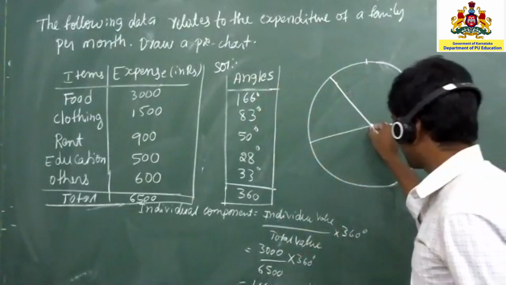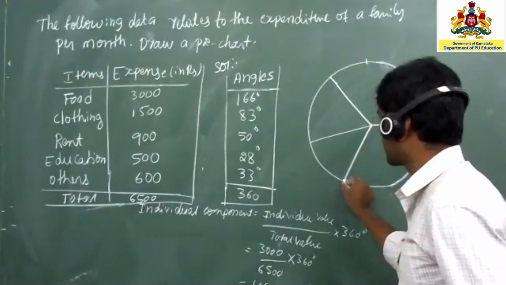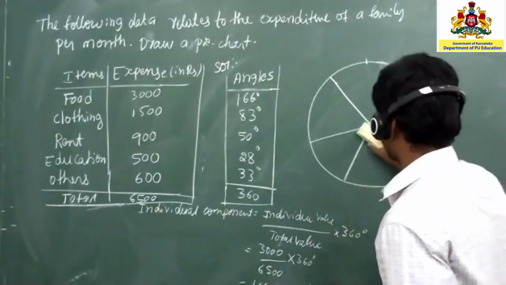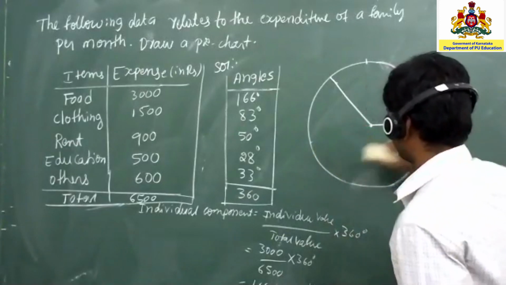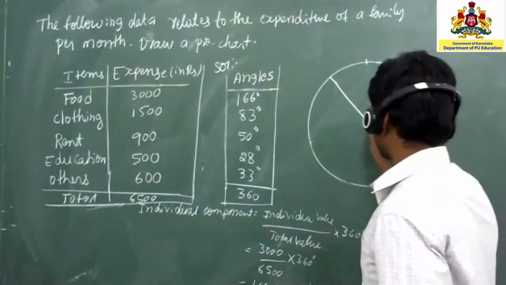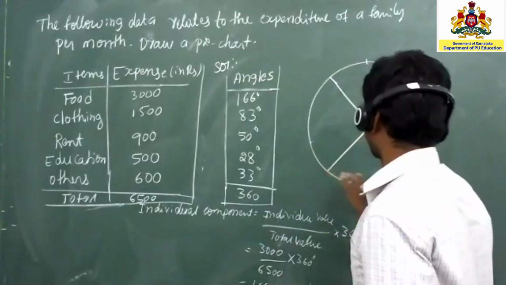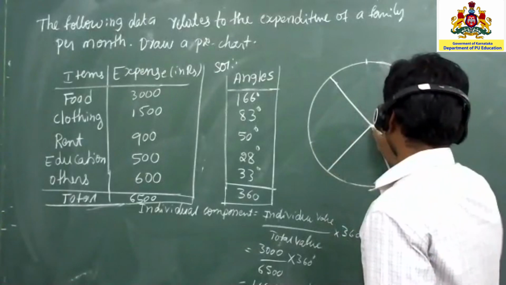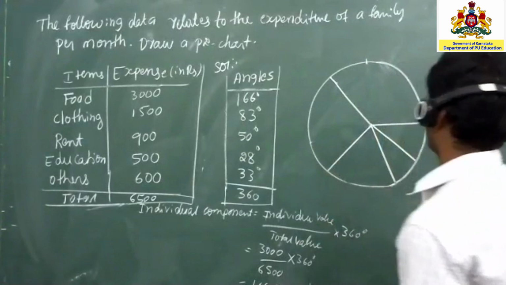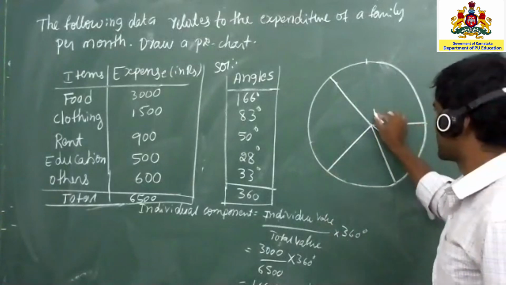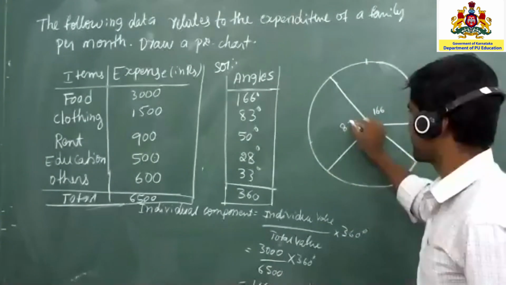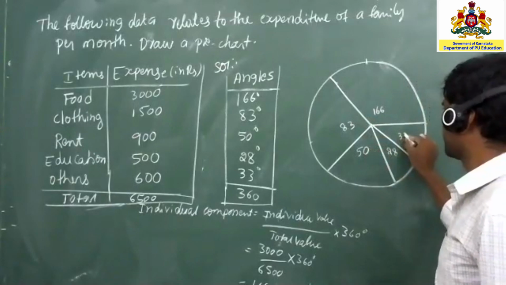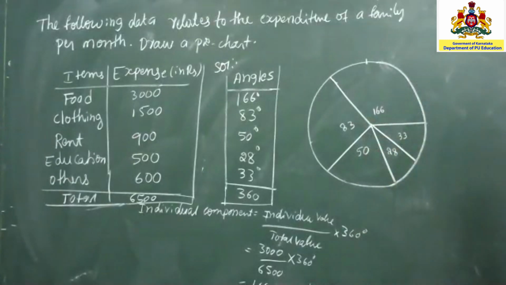Next one is 50. This one is 28. Right. This is 166. This one is 83. This one is 50. This one is 28. This one is 33. And shading also is compulsory.